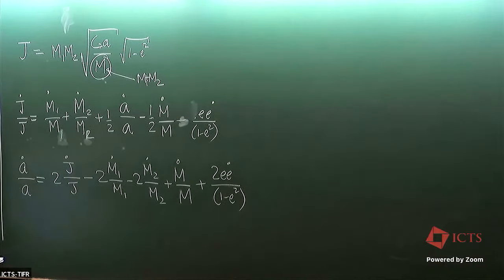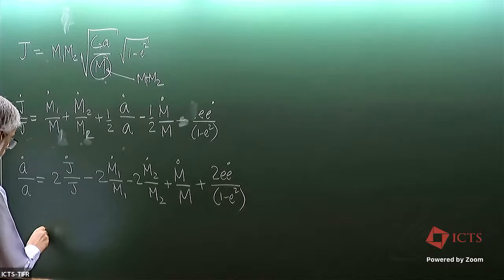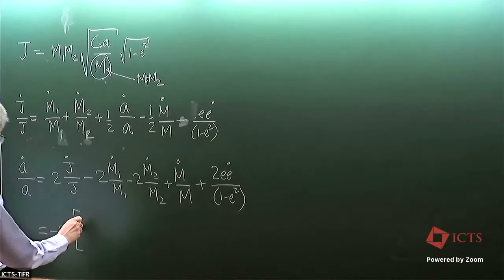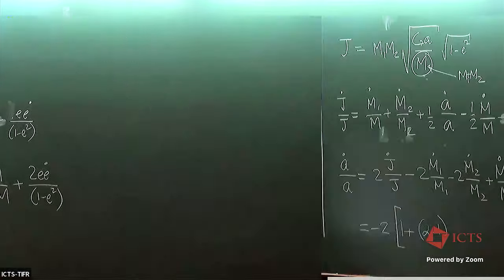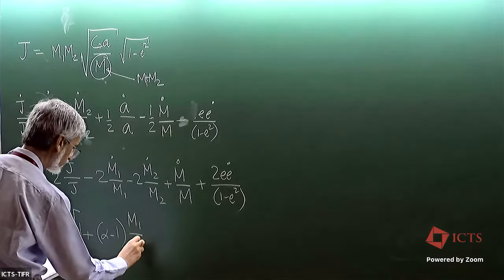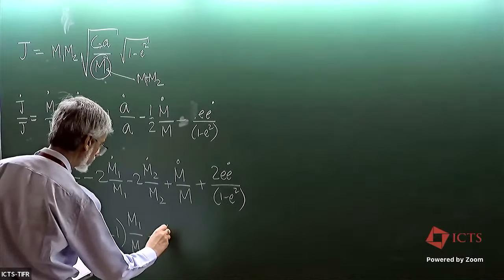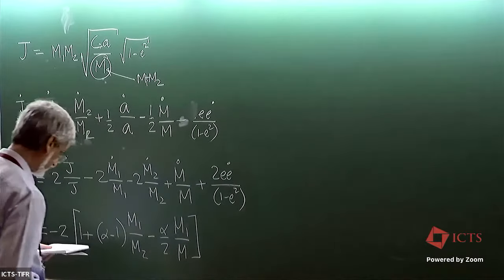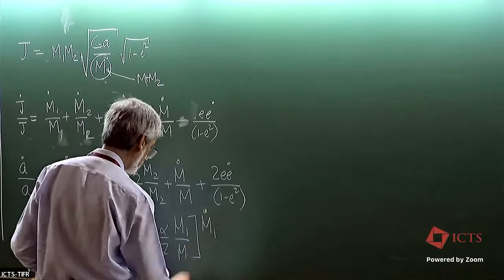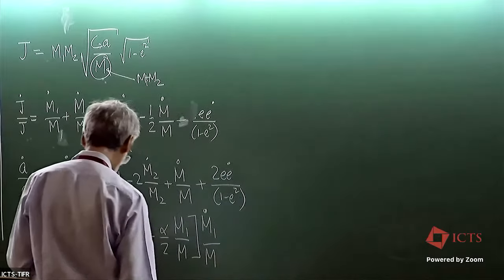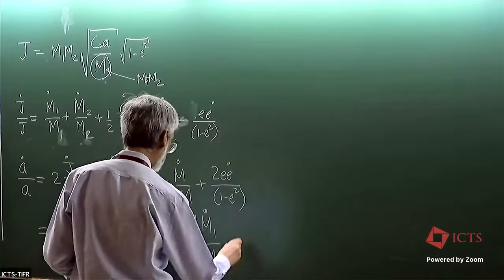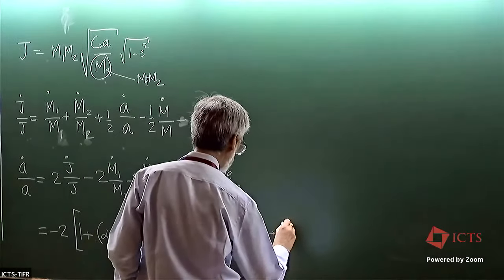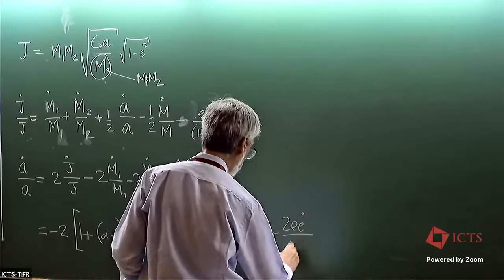So if a fraction alpha of the mass is lost, then I can rewrite this as minus 2 times (1 plus alpha minus 1) M1 by M2 minus alpha by 2 times M1 by M, times M1 dot over M1, plus 2 J dot by J, plus 2 E dot over 1 minus E squared.